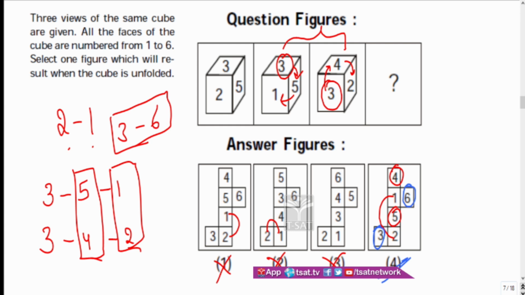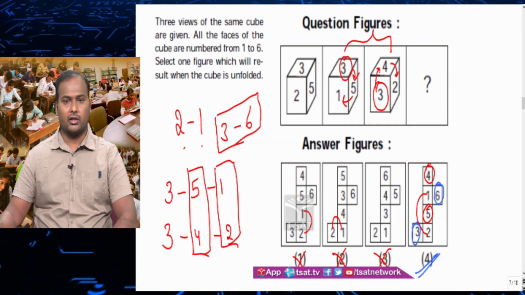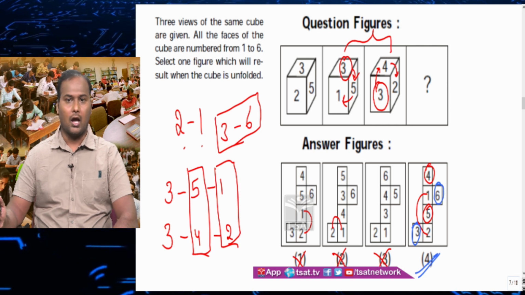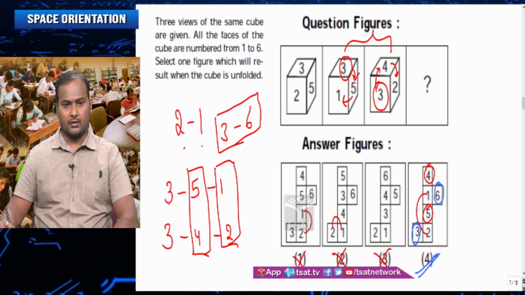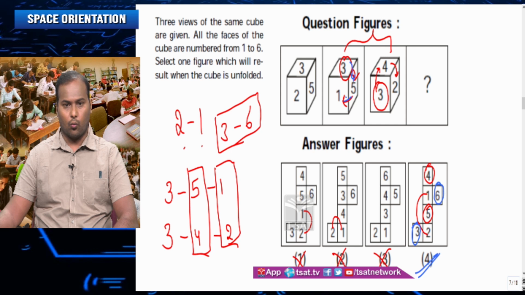So whenever you get this kind of question, first you have to check for the common between the cubes. If there are 2 common, the remaining faces are opposite. If there is 1 common in both the cubes, from the common you move either in the clockwise or anti-clockwise direction. See here, from the common 3, if I move clockwise, I got 5 and 1.